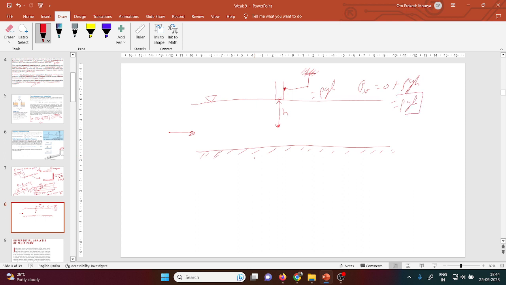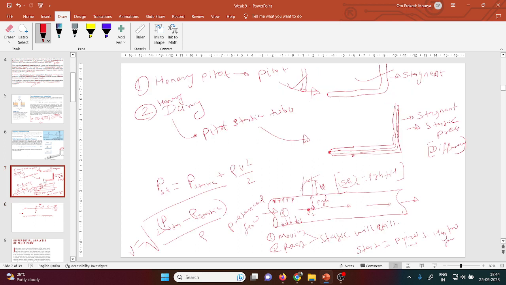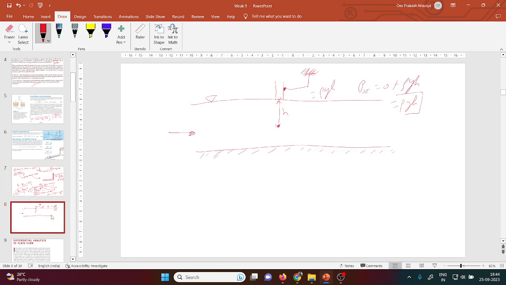But in pressurized flow, there is a bit of difference. Always remember, whether the fluid is moving or standing, static pressure will always exist. In pipe flow the reason is the pressurized flow, because the fluid particles exert force on the wall.